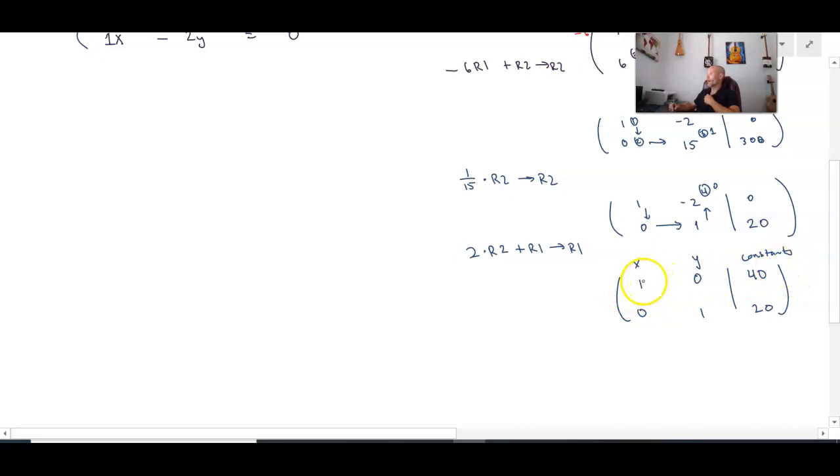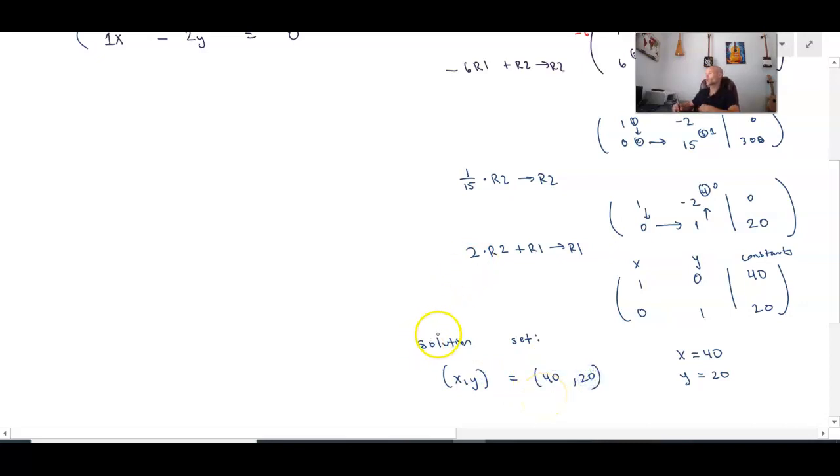Our first row now reads 1x plus 0y equals 40, or x equals 40. 0x plus 1y equals 20, or y equals 20. So our solution set is x comma y equals 40, 20.